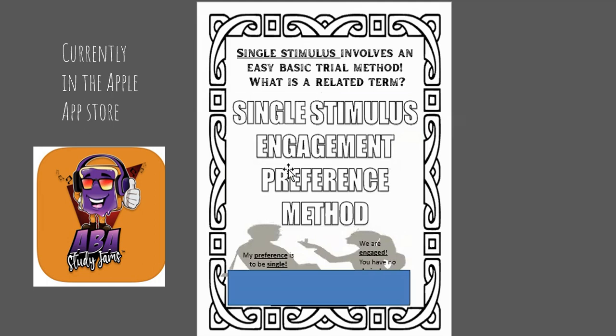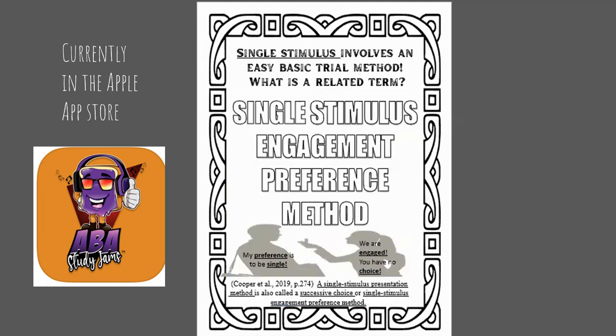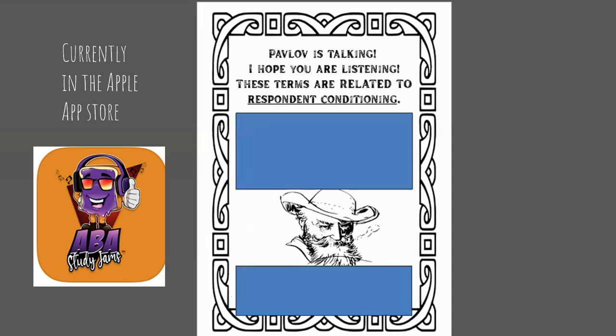So if you see the picture, he's saying, my preference is to be single. And she's saying, we are engaged. You have no choice. So a single stimulus presentation method is also called a successive choice or single stimulus engagement preference method.